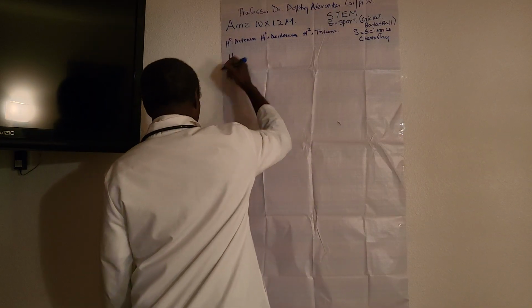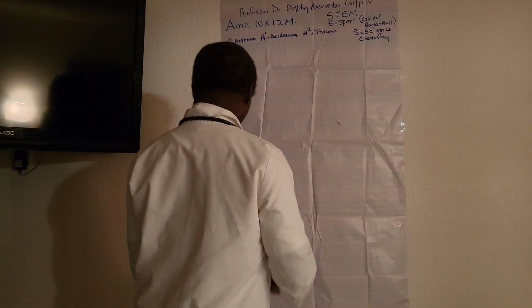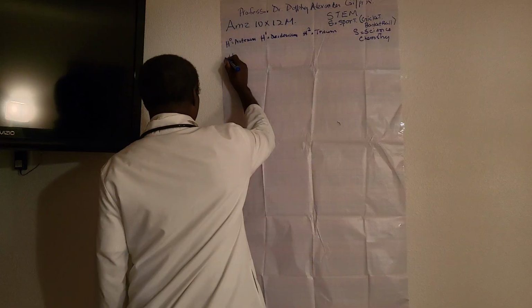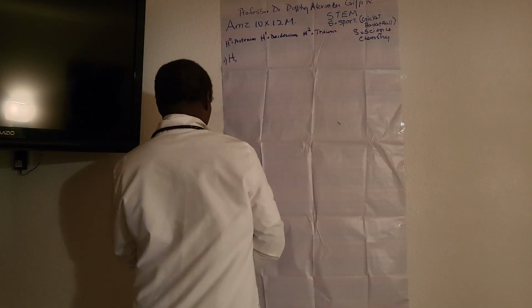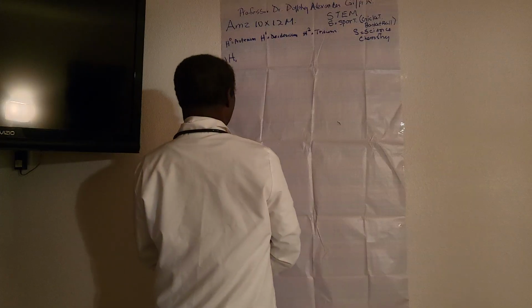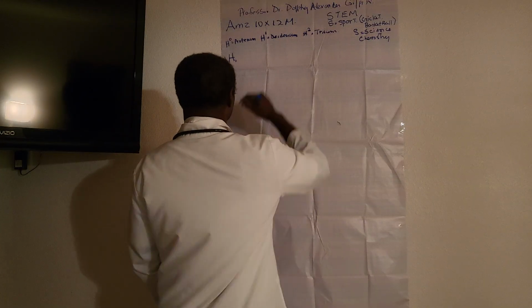Here we just have hydrogen in general and 1. So we have the Amz10x12 matrix here now, specialized 10x12 chemistry matrix.